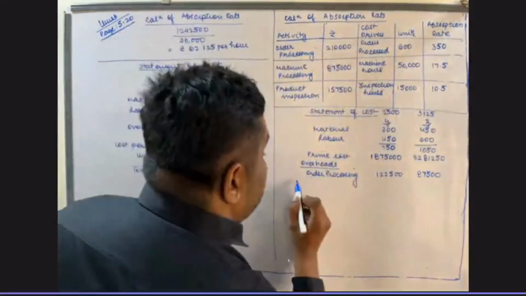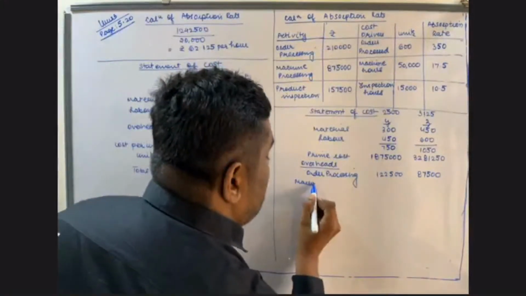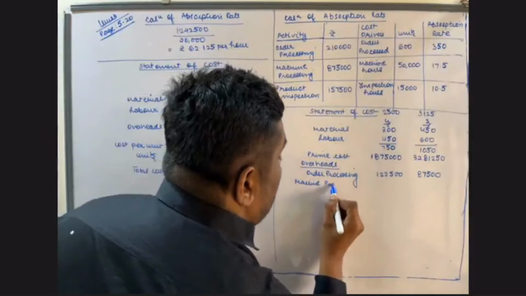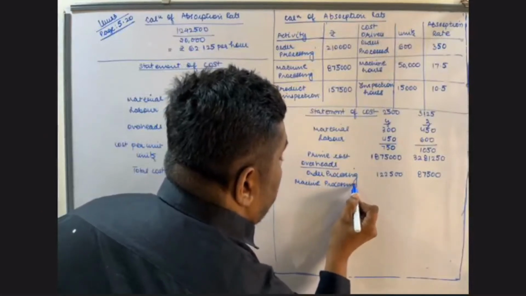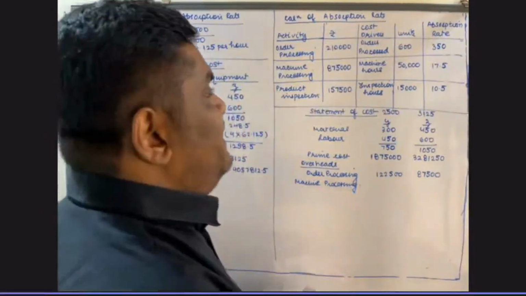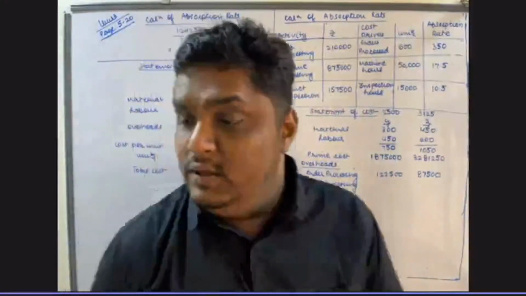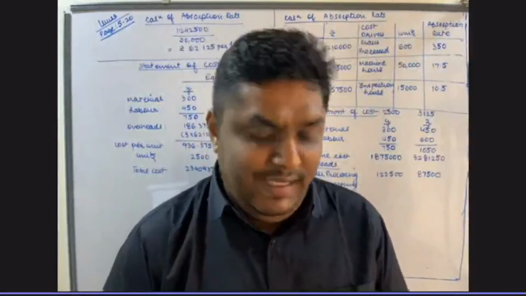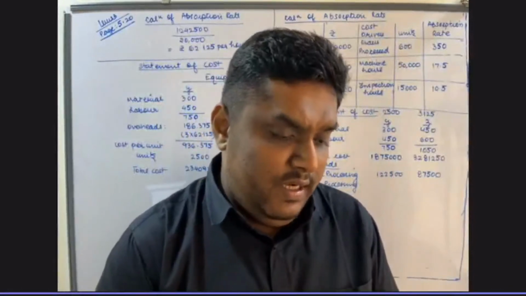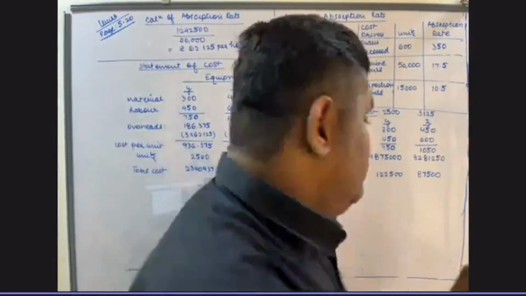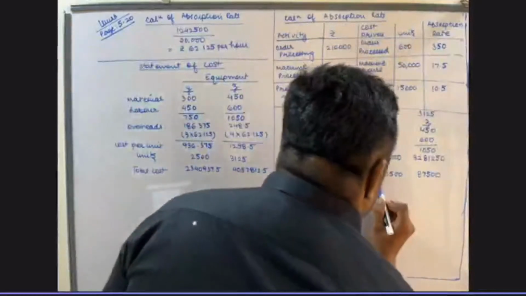When talking about machine processing, it is 17.5 per hour, and the total hours for Y is 23,000. So 23,000 into 17.5, this will be 4,02,500.